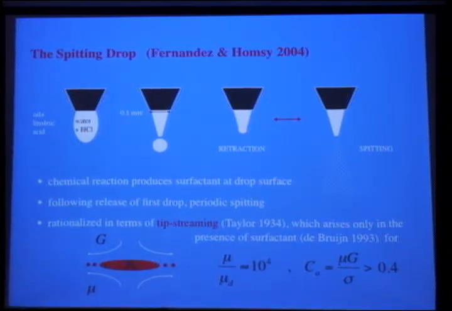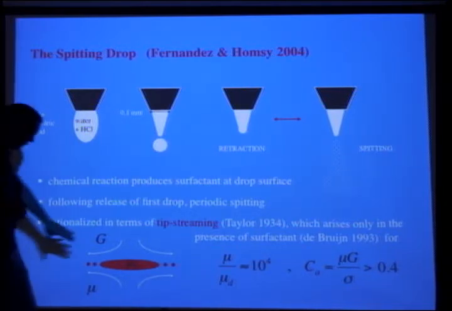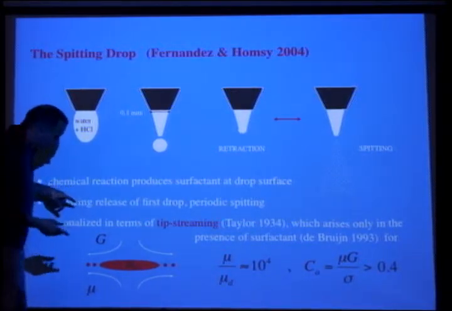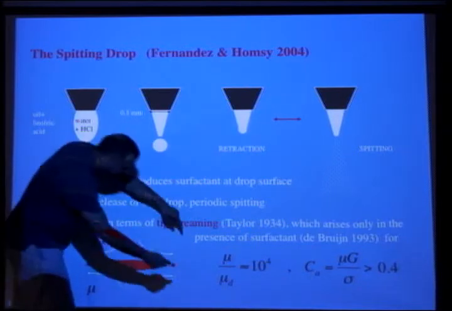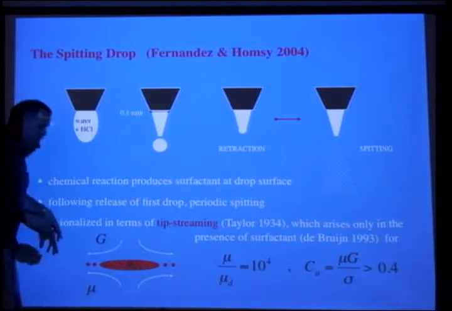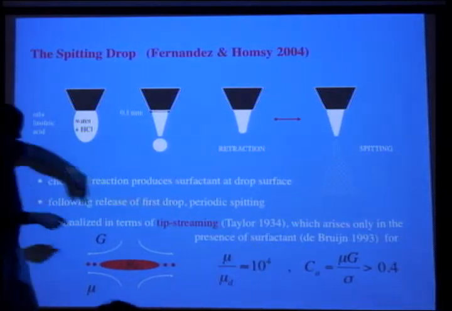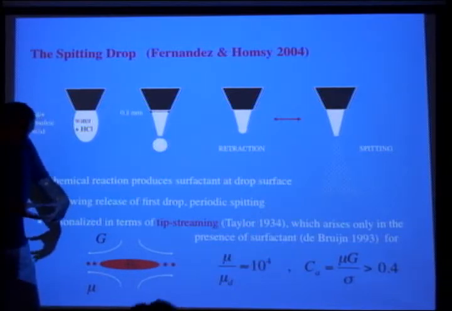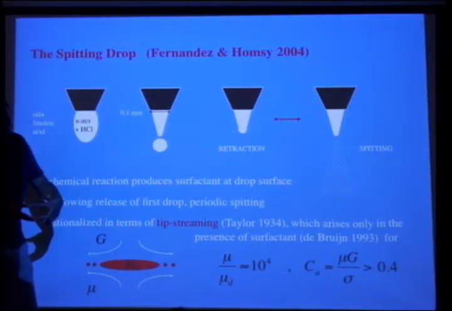Now, after the first drop, we've seen you get this spitting. So tip streaming is something that happens if you put a drop in a shear flow. The way they do this is with a roller. So you basically have four rollers which look like this, and they give rise to a local shear. And from the distortion of the drop in the resulting flow, you can measure, say, its surface tension, right?